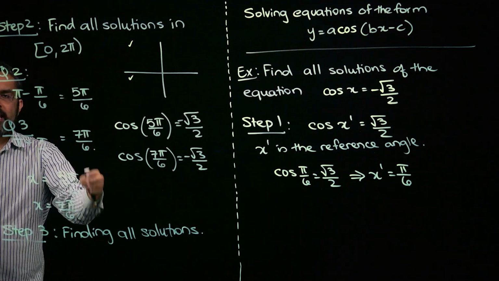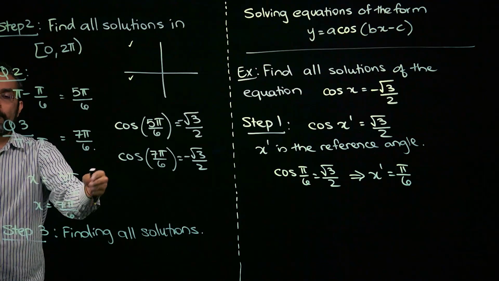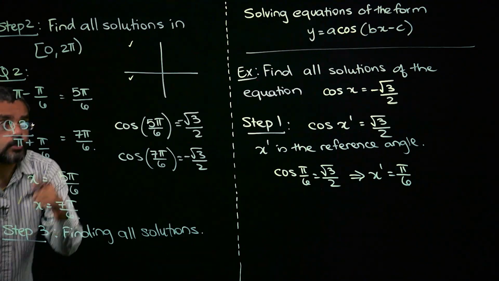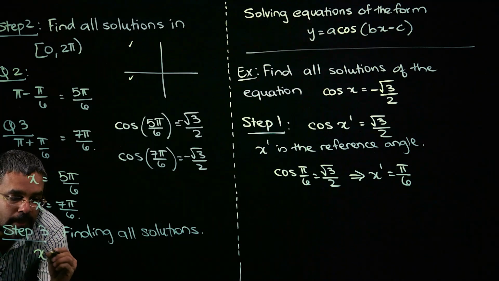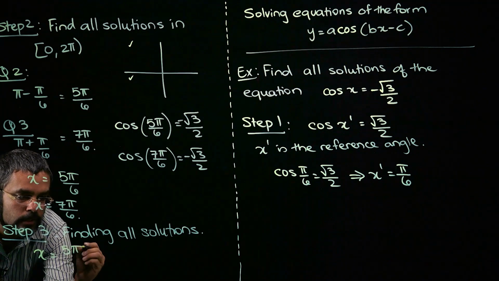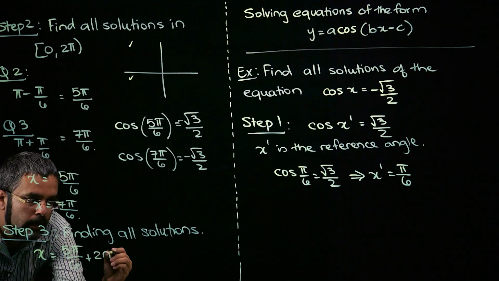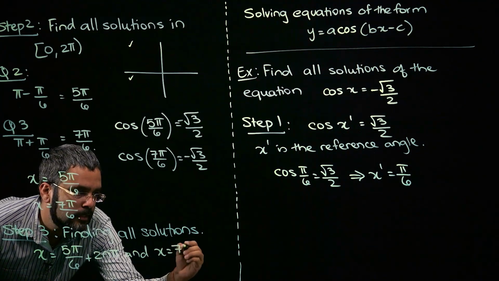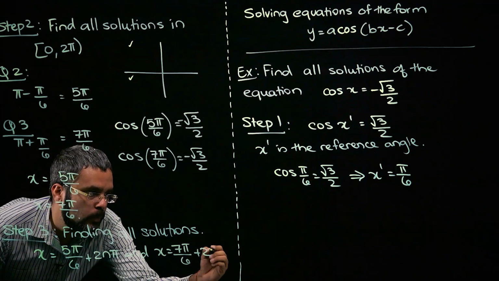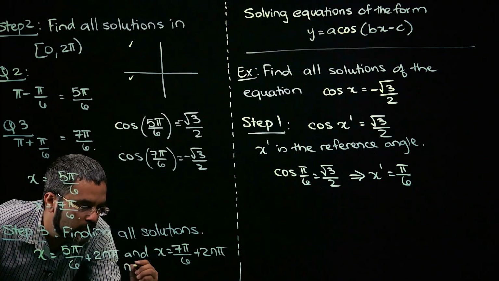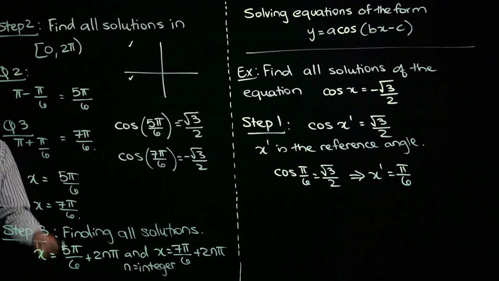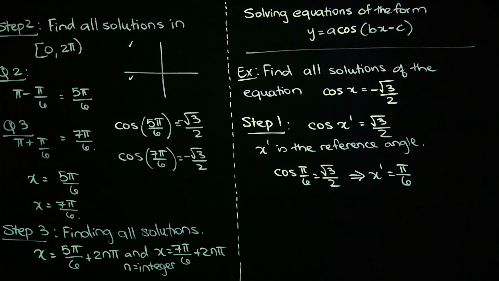So adding any multiple of 2 pi, I'm going to end up with the same point. Same with 7 pi over 6. And so my solutions to this equation are x equals 5 pi over 6 plus 2n pi, and x equals 7 pi over 6 plus 2n pi. What is n? Well, n is just an integer. So these are all the possible solutions for the equation cosine x equals negative root 3 over 2.